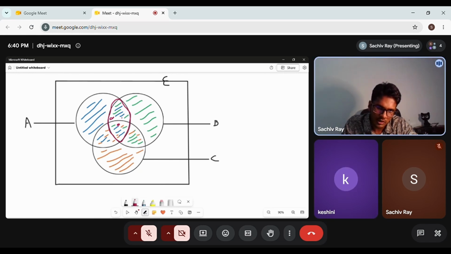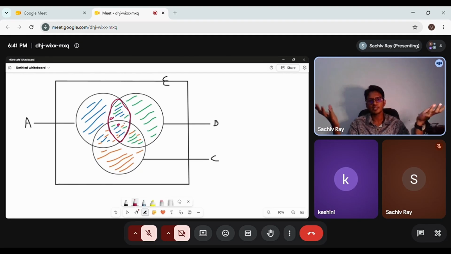Now these are two plates. One has samosa and rolls, the other has samosa, rolls, and vade. So what is the common item on both the plates? Samosa and rolls, right?